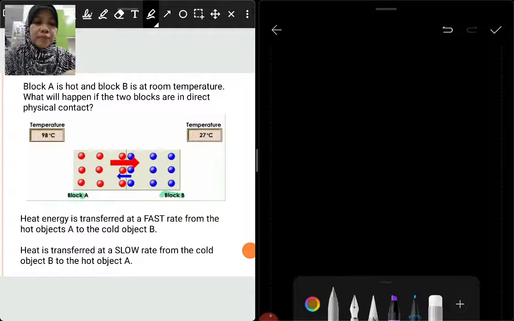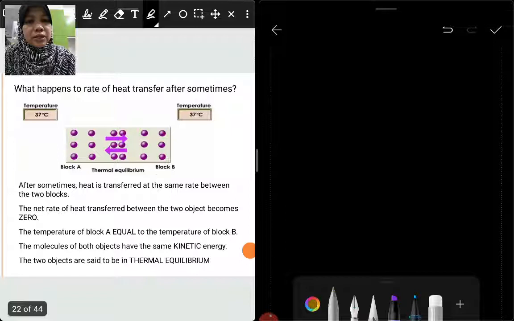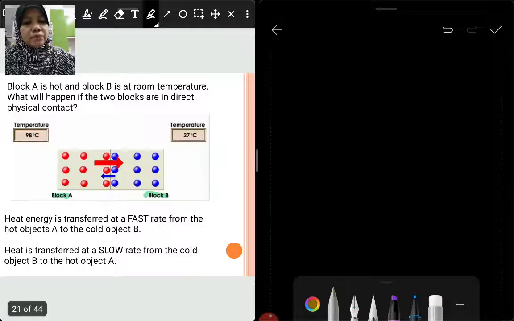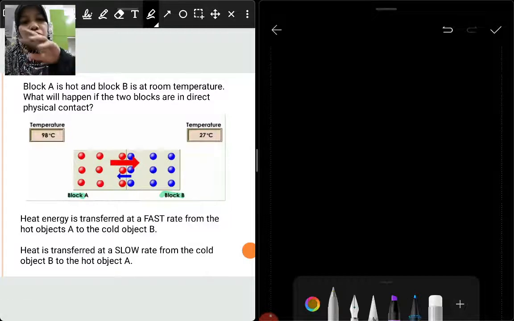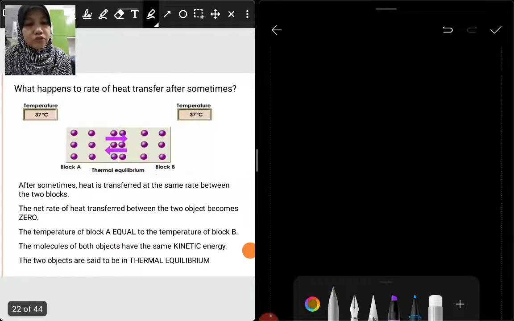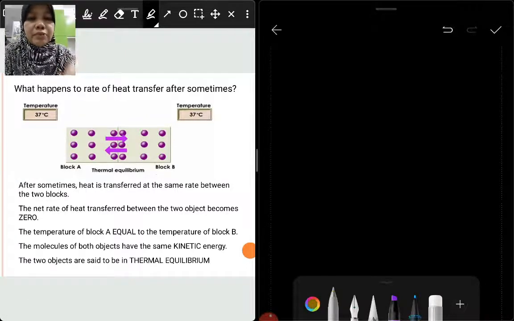What will happen next? What will happen after some time? For example, after 5 minutes, what will happen to the temperature of both objects? Both objects will reach the same temperature.